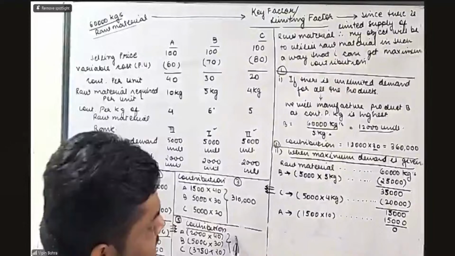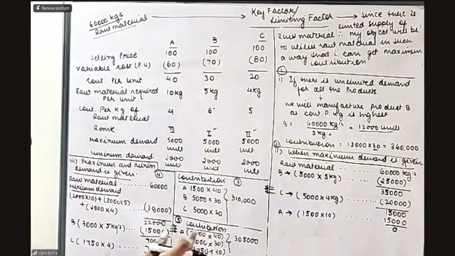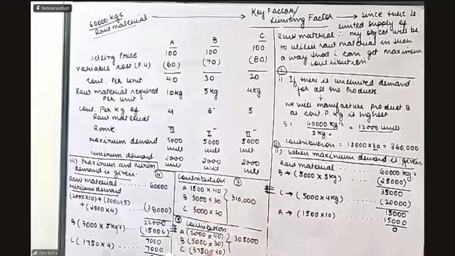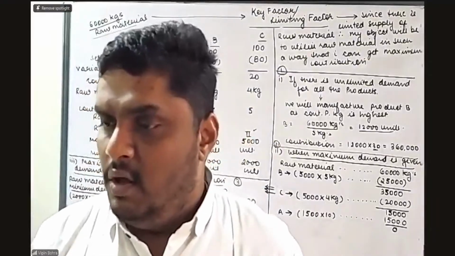So here in this case, the contribution will be 3,05,000. So this contribution is for the third question. This contribution is for the second question. So now we are done with all the concepts of this question.